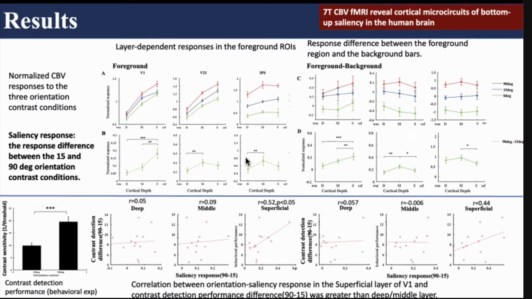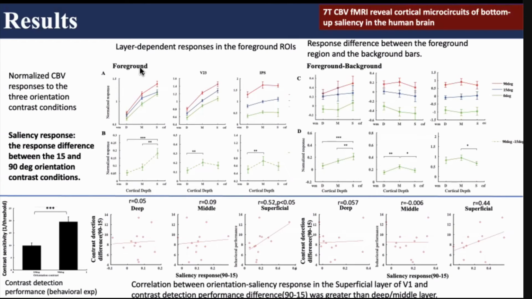In these two figures, we can show that in V1 the saliency signal was stronger in superficial depths, but in V2-3 and IPS the saliency signal peaked in middle depths. This is the same in foreground ROIs and in the response difference between the foreground region and the background bars.